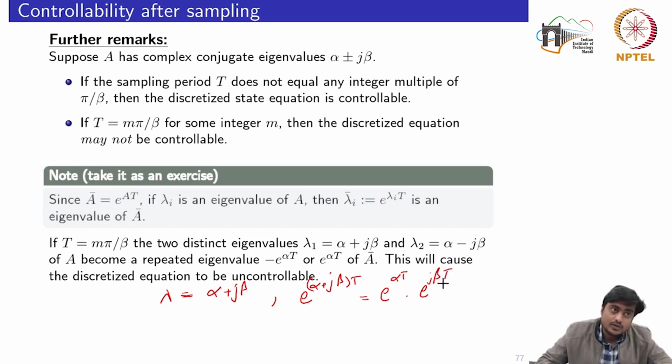Since t is a multiple of m pi by beta, this becomes e to the power alpha t times e to the power j m pi, and this part is nothing but either plus 1 or minus 1. That's why it becomes a repeated eigenvalue of the discrete time state matrix, and this will cause the discrete time equation to be uncontrollable.